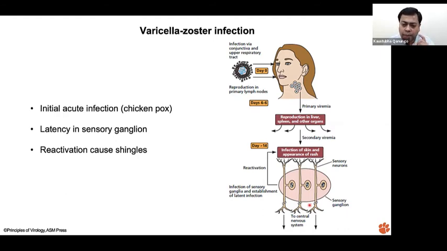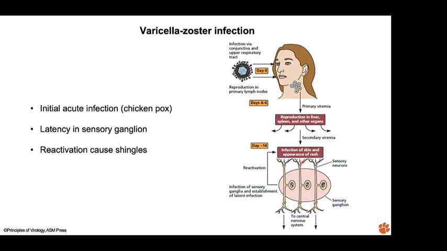It could be a portion of your face or a torso, anywhere the reactivation of the varicella zoster virus happens. For example, if this middle neuron got reactivated, and suppose this middle neuron supplies the skin in a certain area of your upper torso, that particular band of your skin is supplied by that neuron, and you get the rash only in that region, but this rash is much more painful, and there is a vaccine also.